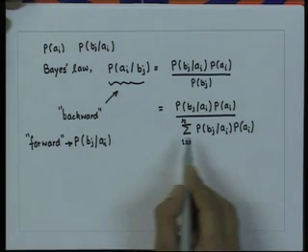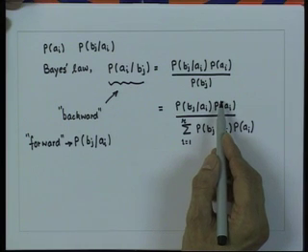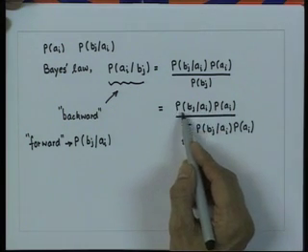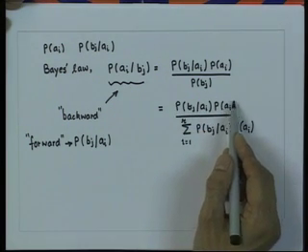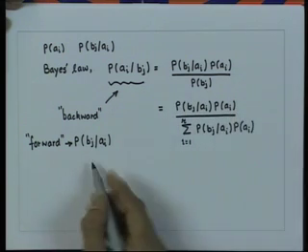Now, the numerator of the right side of this equation is the probability of the joint event Ai Bj.